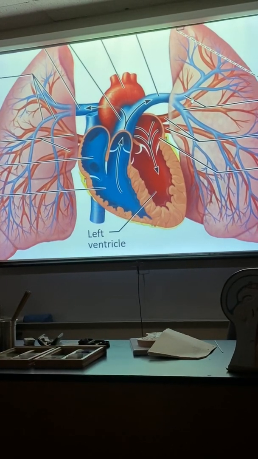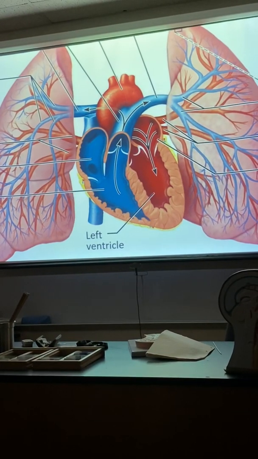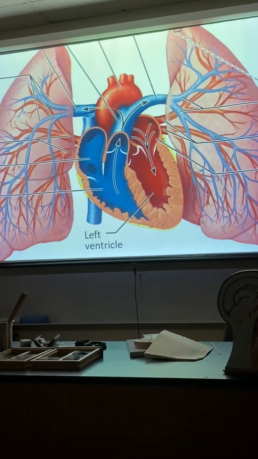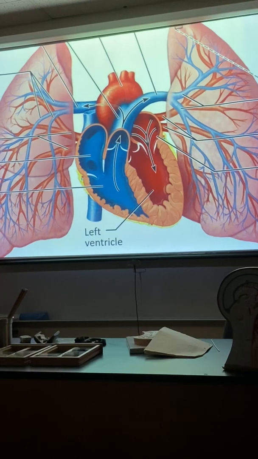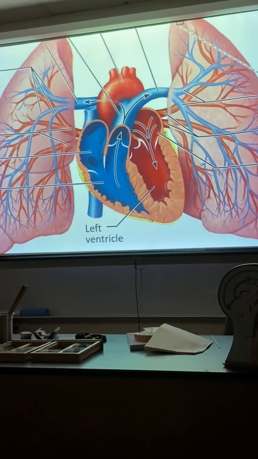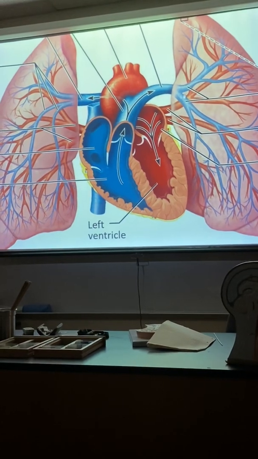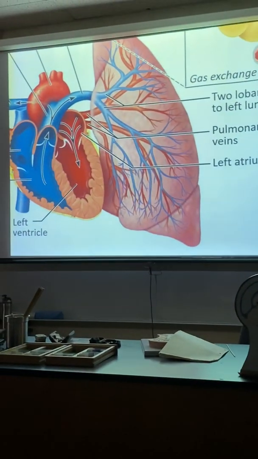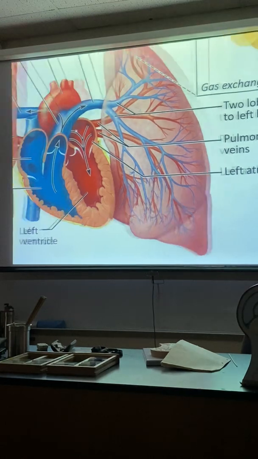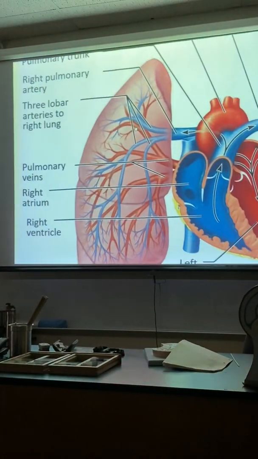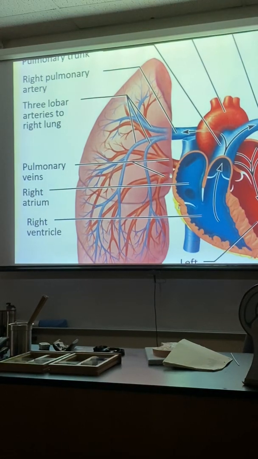Then the branches occur based on the number of lobes in each lung. In the left lung are 2 lobes, and in the right lung are 3 lobes. So the arteries will branch on the left side into 2, known as lobar arteries, and the right lung will have 3 lobar arteries.